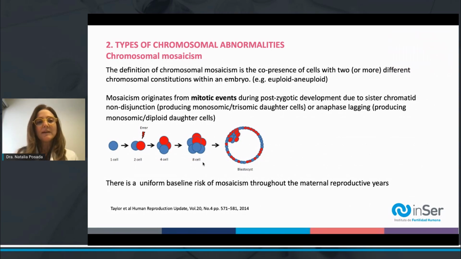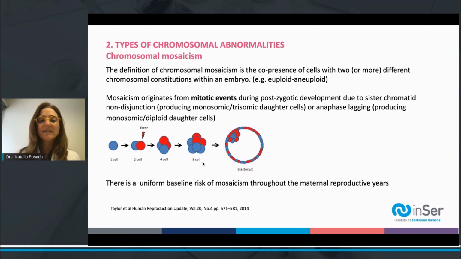The second most common abnormality is chromosomal mosaicism, and it refers to the presence of cells with two or more chromosomal constitutions within an embryo. In other words, some of the embryonic cells may be euploid and some may be aneuploid. And mosaicism, different from a whole chromosome aneuploidy that affects all cells within an embryo, originates during mitosis.